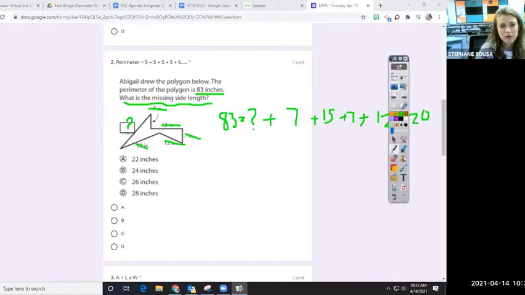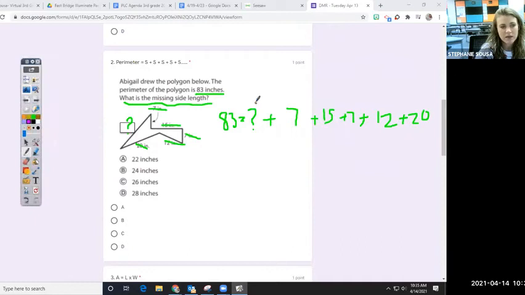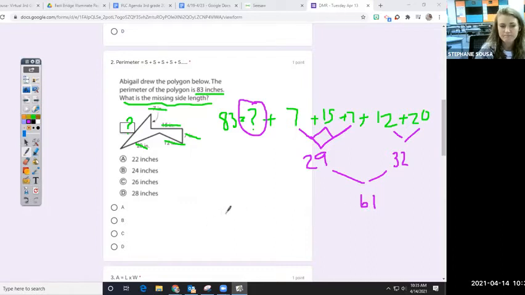So we are figuring out what is missing right here. So we've got to figure out what we know. 12 and 20 equals 32. 15, 7, and 7 is equal to 29. 29 and 32 are equal to 61. So we have 61 inches that we do know. We're supposed to be at 83.